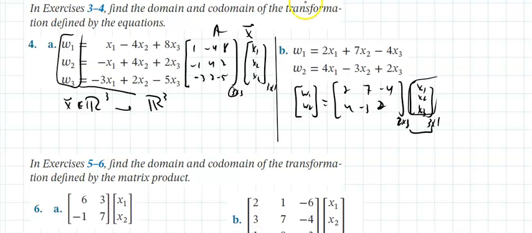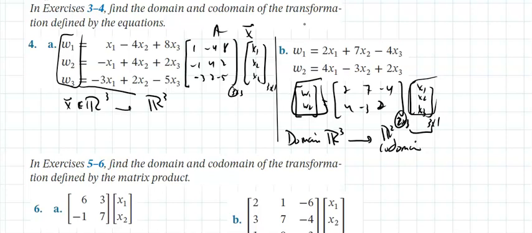So isn't the input three dimensions? And what's the output? What's the codomain? Isn't the codomain 2 dimensions? If I take this matrix and multiply it by any vector in R3, isn't the outcome 2 by 1, which is 2 dimensions? And that's the idea.